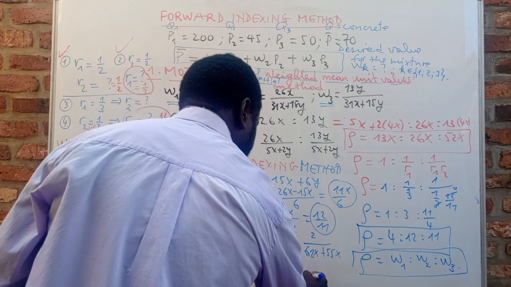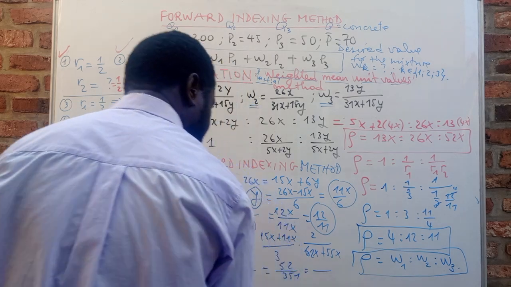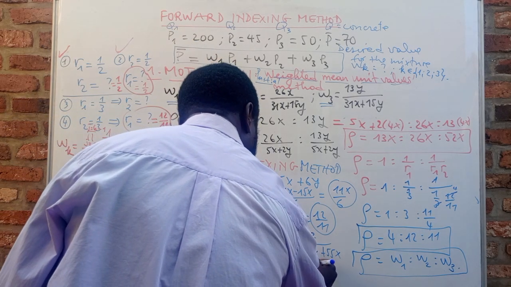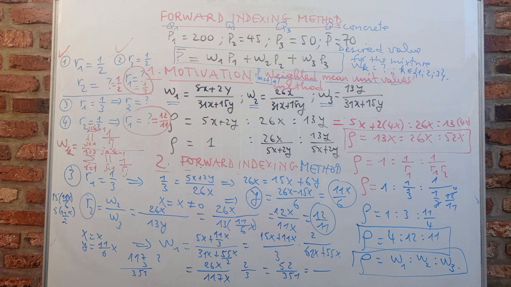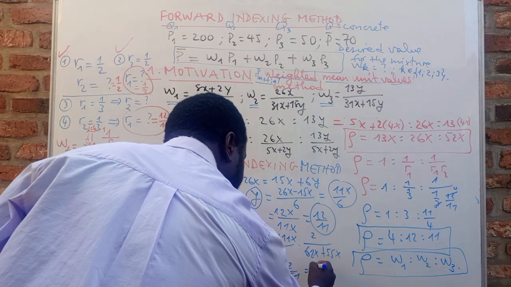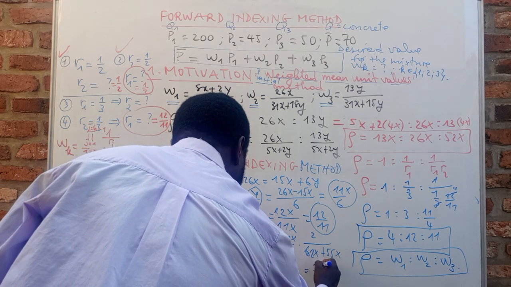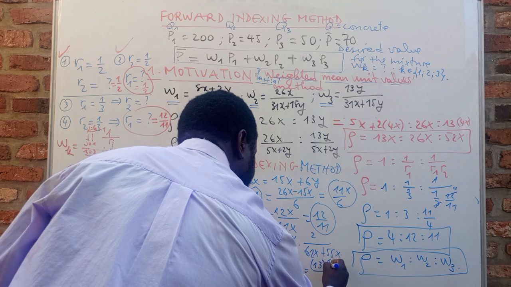Okay, let us see if we can factor it as 3. How should I simplify? Do we have a common factor? Let us see if we have 13 as a common factor.